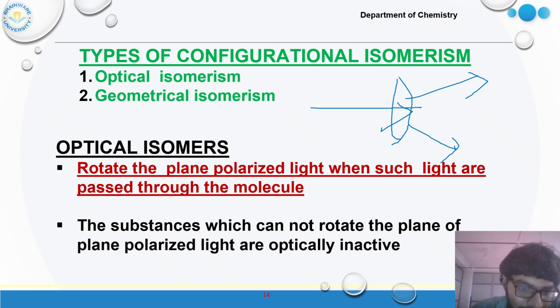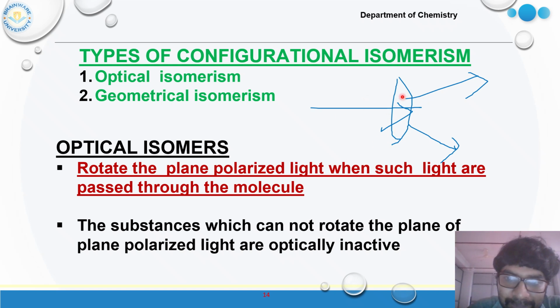So those which are not able to rotate the light, we call optically inactive.